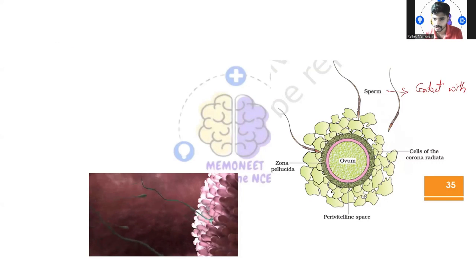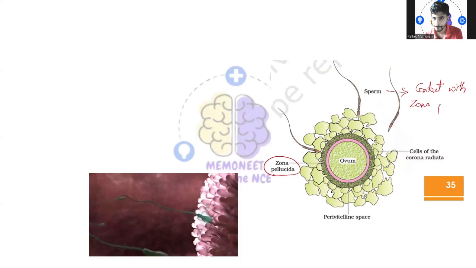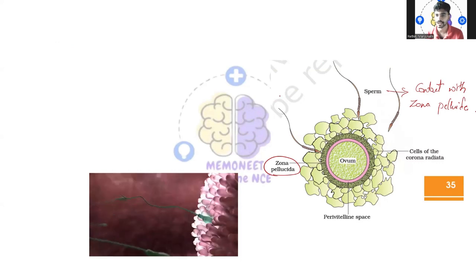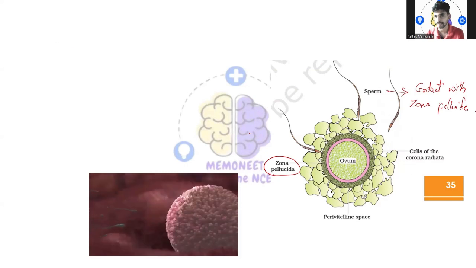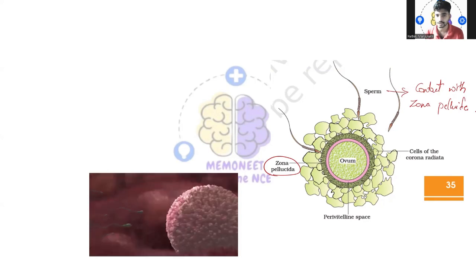Can you see this region here? This is called the zona pellucida region. This is the very first region where the sperm comes in contact, and it is the outermost layer of the ovum.